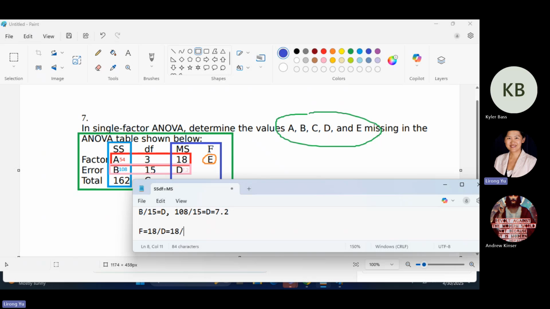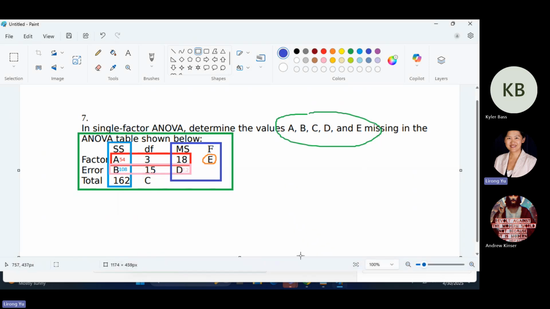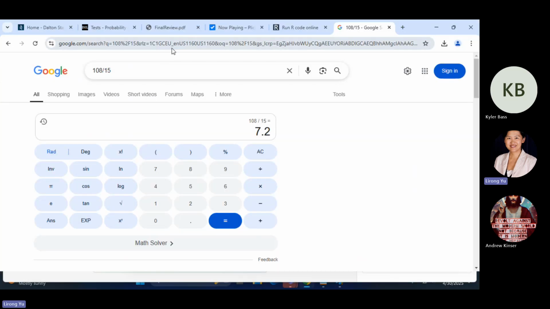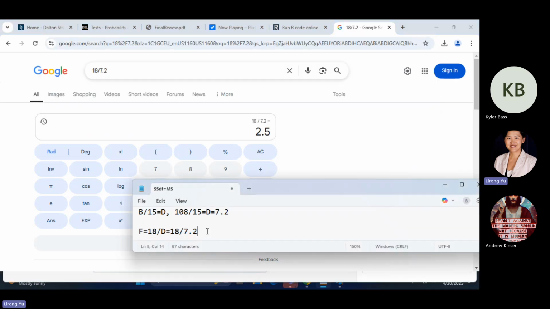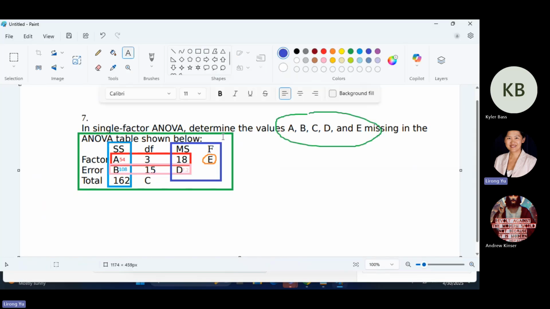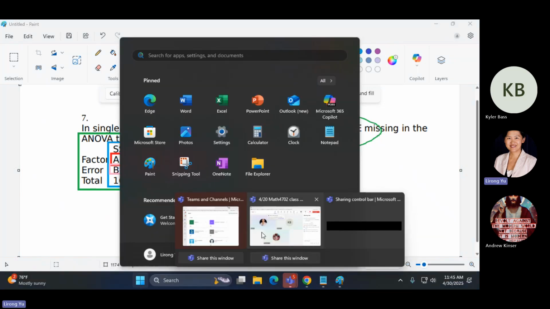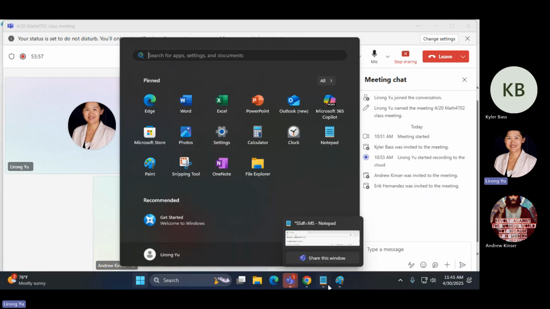So that's 18 divided by 7.2, which will give us the F statistic, the last portion of the calculation. So the F statistic is 2.5. And then we will be finishing up any calculation necessary. Any questions? All right, so this is one of the examples that provides a little bit of understanding of the ANOVA table.